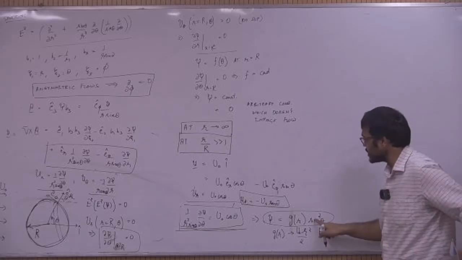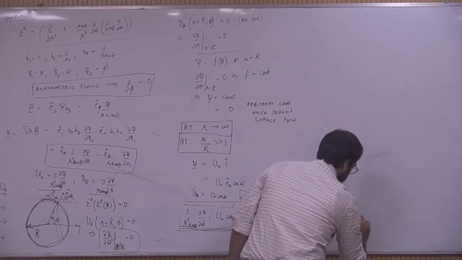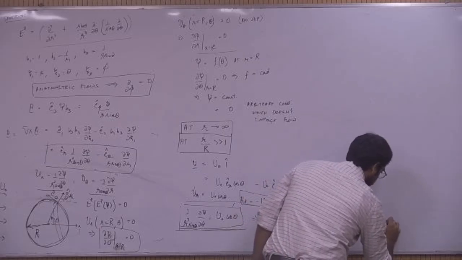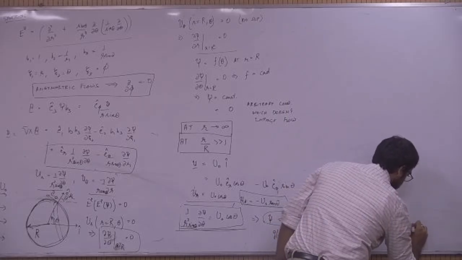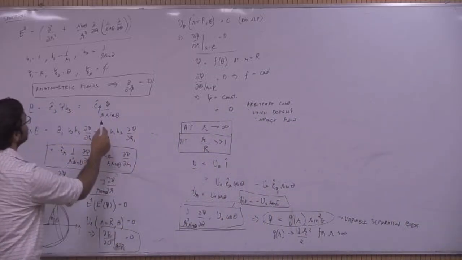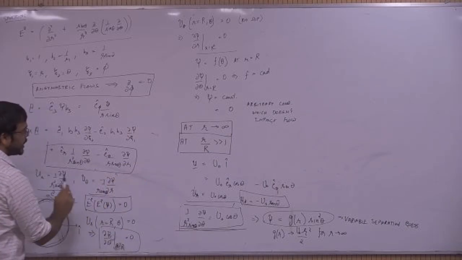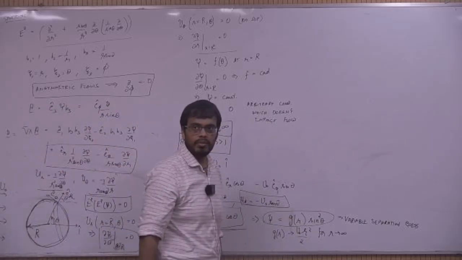Okay, and this gives us a variable separation guess that to solve this equation E2 of psi equals 0, I can take this g of r sine square theta and solve it.